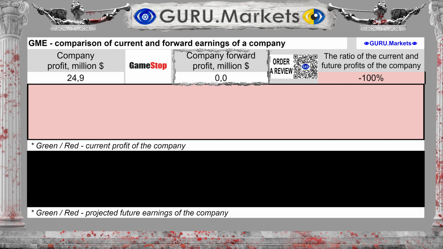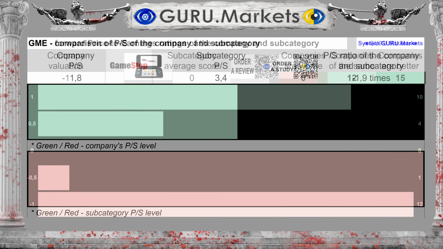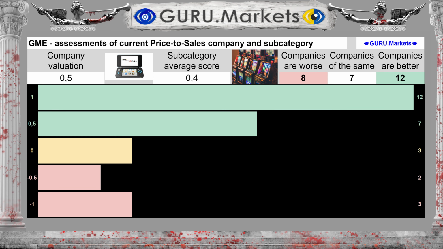Projected earnings for the coming 12 months are unknown, which is negative for the company. Assessment of expected future profit indicators in comparison with companies in the subcategory: Bad, -1 point. The company's price-to-revenue ratio is 1.8. The average in the subcategory is 3.4, which is 47% lower than in the subcategory. An assessment of the company's stock price to its revenue in comparison with the indicators in the subcategory: Good, 0.5 points.